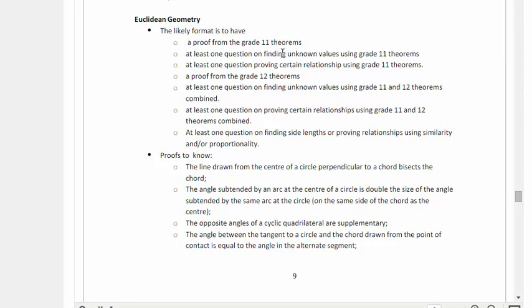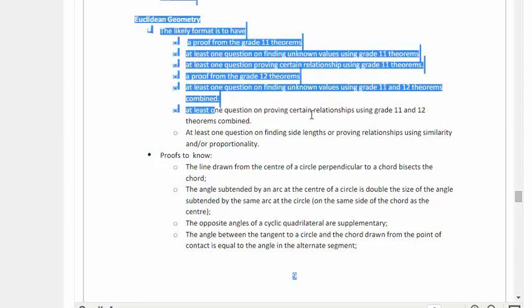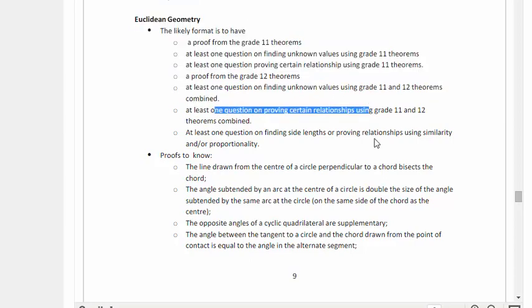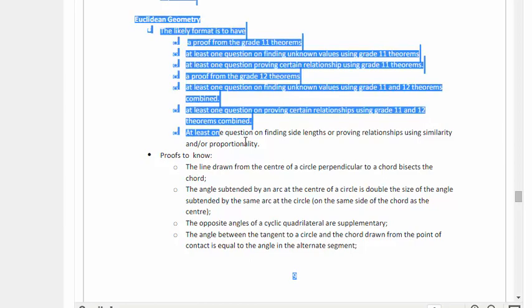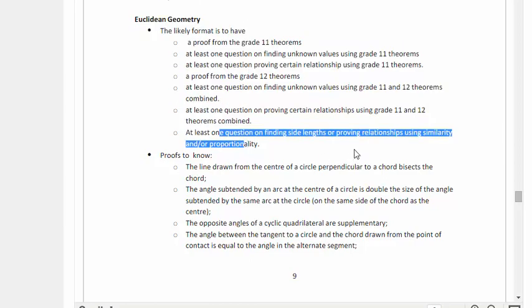In circles, we've got our angles on a chord are equal, things like that. At least one question would be about proving relationships using the grade 11 and 12 theorems, and then at least one question for finding lengths and proving relationships using similarity or proportionality.